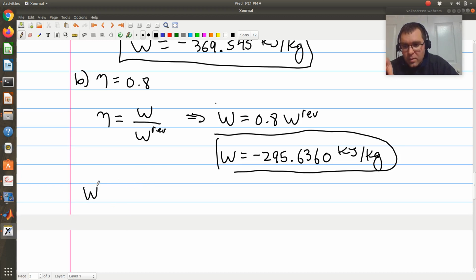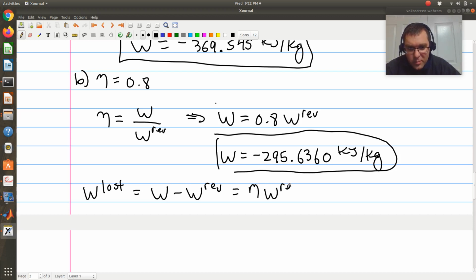The lost work is actual minus reversible, which is equal to eta times the reversible work minus my reversible work.